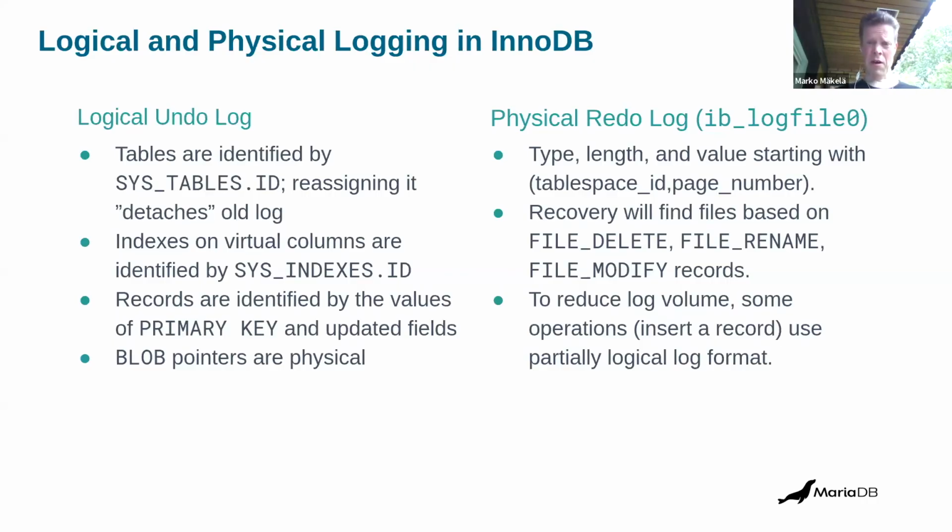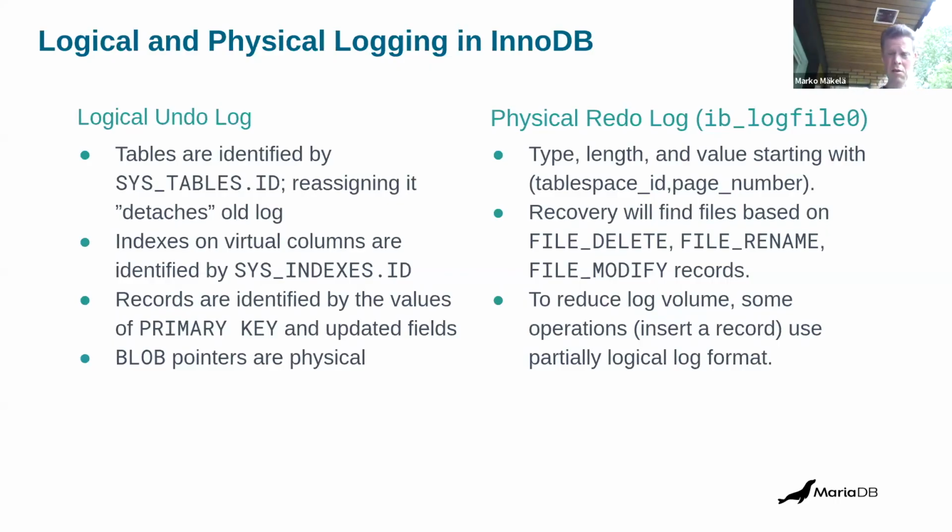Recovery will find any modified files based on special records. So if you delete a file, you will write the file name and the tablespace ID, and then after that you can delete the file. Same for rename. And this file modify record is special. It's written the first time we modify some tablespace after the latest checkpoint.